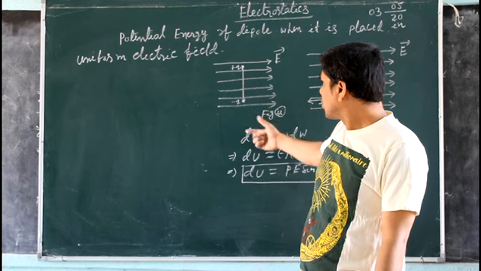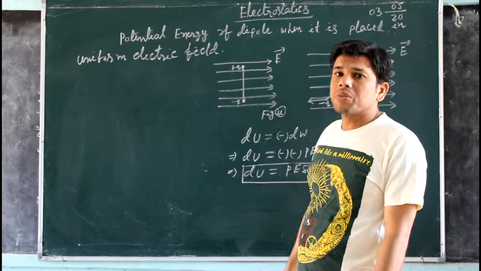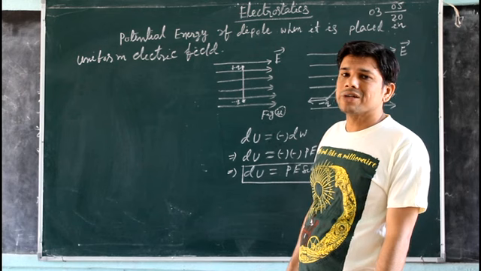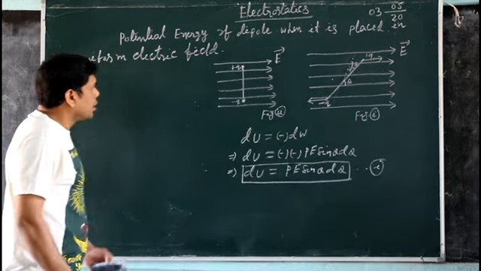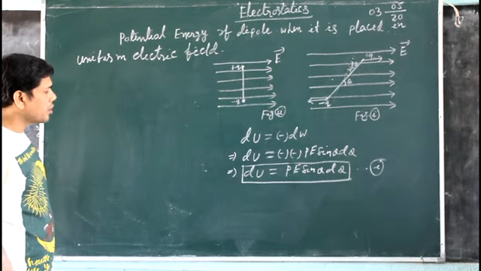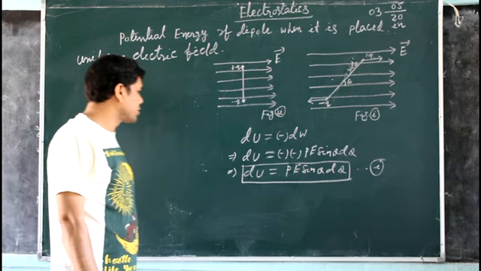So here we have considered that the potential energy of the dipole is 0 when the angle between the dipole moment and the uniform electric field is 90 degrees. Now, considering that, to find U with respect to any angle we have to integrate.